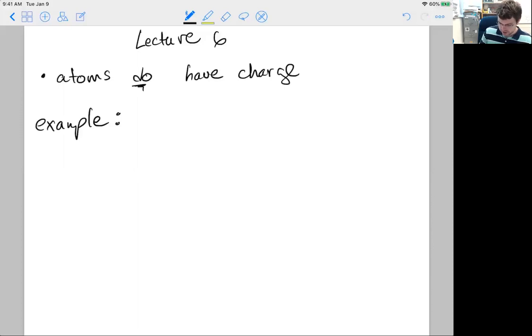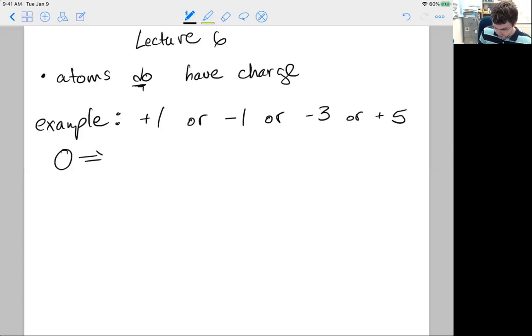For example, we could say that atoms have a charge of +1 or -1 or even -3 or +5. But atoms can also have a charge of 0. If we have a 0 charged element, then we have a neutral element.